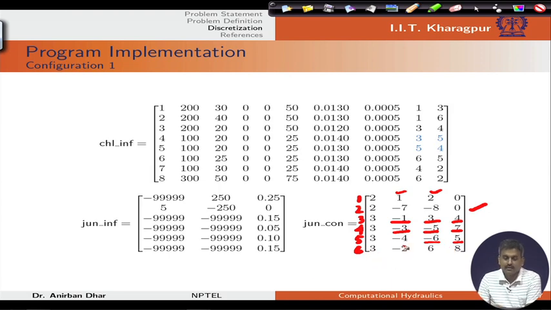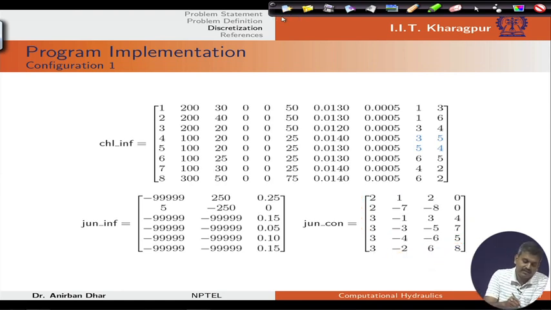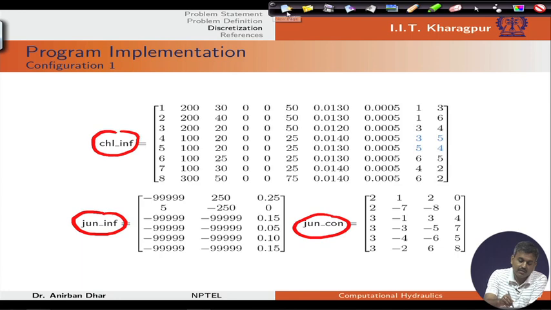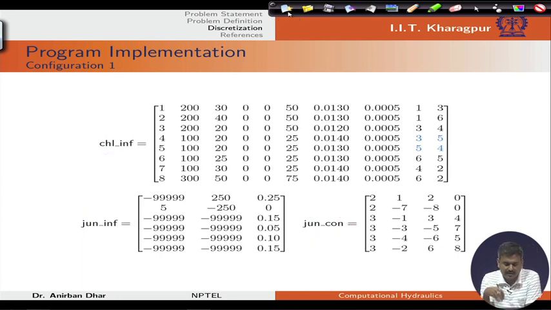For junction node 6, we have 3 connected channel reaches: the end section of 2, the starting section of 6 and the starting section of 8. So, these 3 matrices are required as input in our program. With this information we can calculate the values.